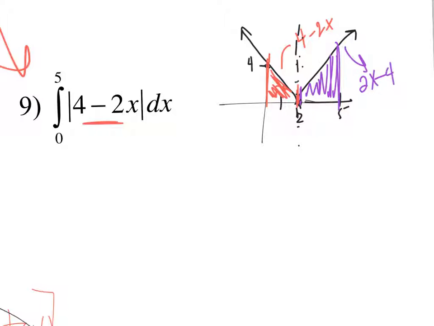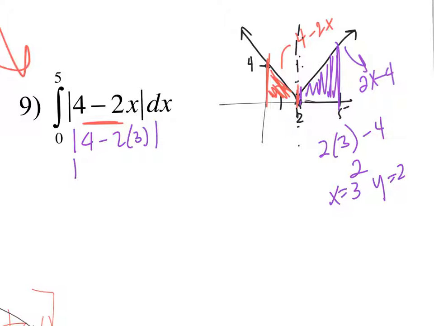If you plug in an x value of 3, 2 times 3 minus 4, you're going to get 6 minus 4, which is 2. So when x equals 3, y equals 2. So let's plug that in here. 4 minus 2 times 3, that's 4 minus 6, which is negative 2, which is 2. So this works. So this is the line 2x minus 4. This is the line 4 minus 2x.